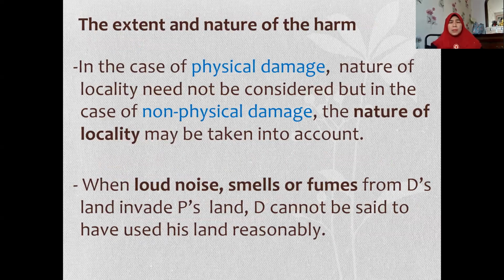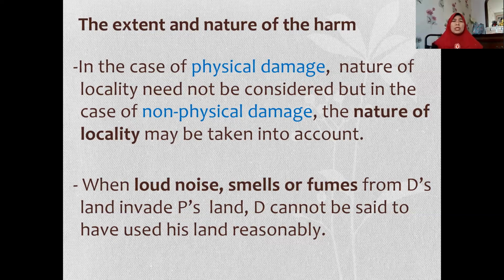In the case of physical damage, the nature of the locality need not be considered because it's very obvious. Damage physically has been done, so we are not concerned with the locality. But in the case of non-physical damage, the nature of the locality may be taken into account. For example, loud noise, smell, fumes are all non-physical.